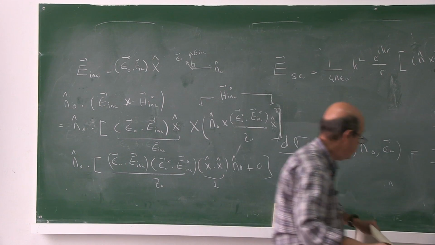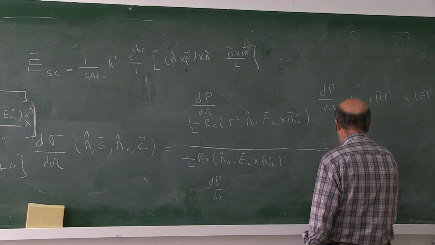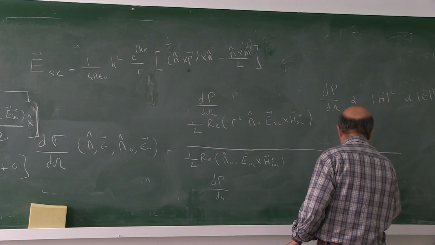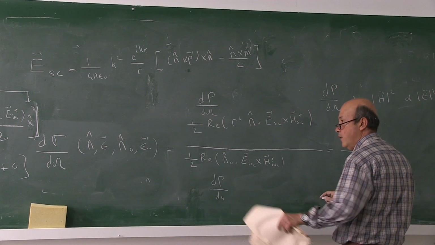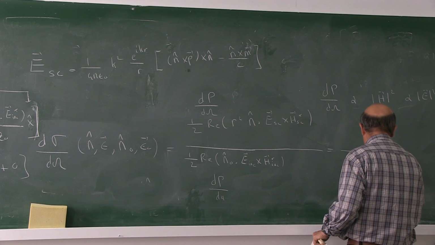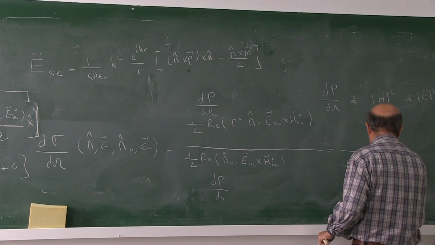So I'll write the result. I can derive this again next time. This will be 1 over 2 Z0 epsilon 0 dot E incident squared.